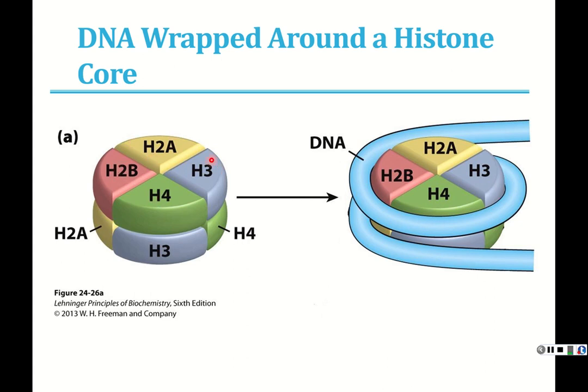That makes up the tetramer, and then there's a dimer of it. You can see that they are flipped: H4 matches up to the H3 on the next dimer, H3 matching up with H4, and so on. That's what the protein makeup of the histone core looks like.